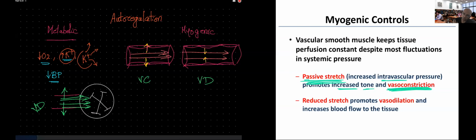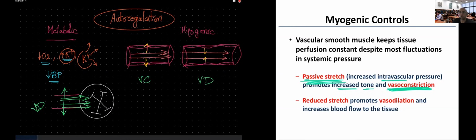So what we're looking at here are the two major mechanisms of autoregulation, which maintain the tissue perfusion at the organ level. I'm not looking at the regulation of the whole blood pressure. I'm regulating the blood supply at the organ level.